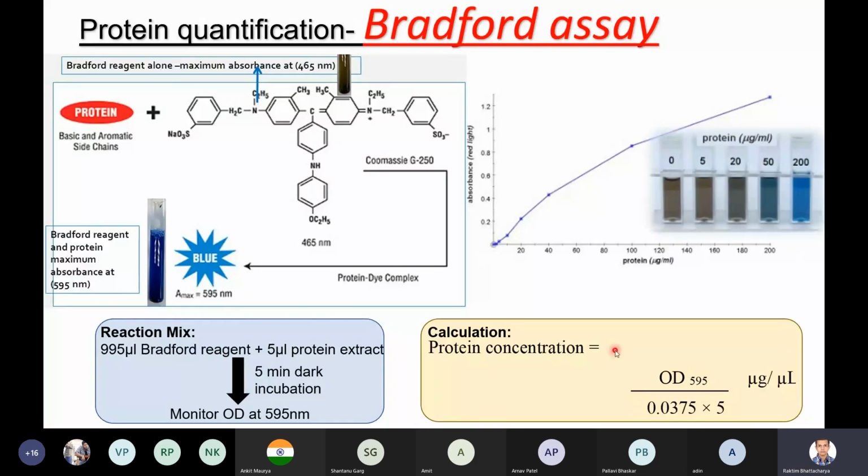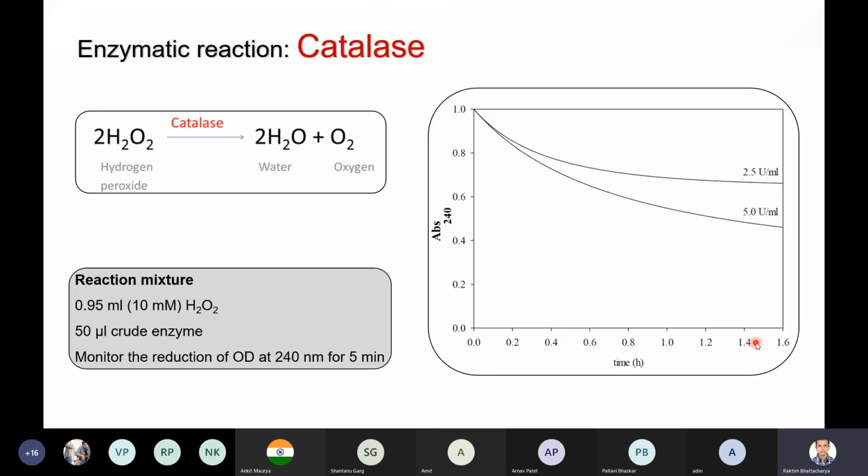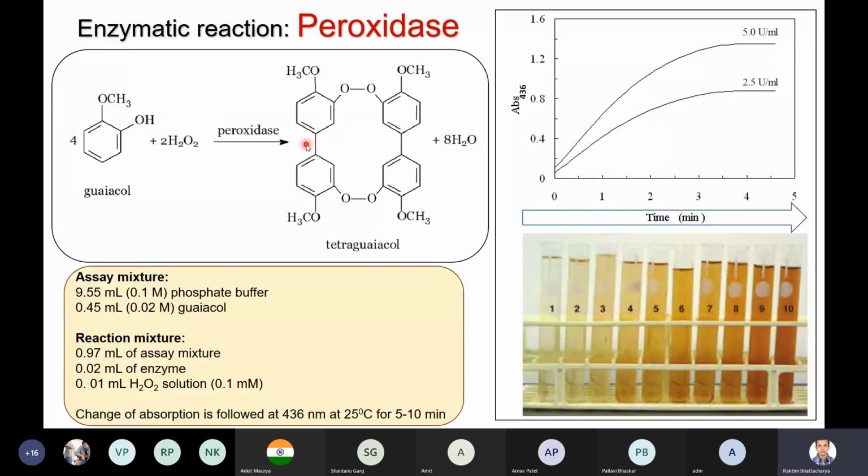If we get a good amount of protein in microgram per microliter, we'll proceed towards the catalase peroxidase assay. I told you that catalase converts hydrogen peroxide to water and oxygen, and the peroxidase reaction helps in the reaction between hydrogen peroxide and guaiacol.